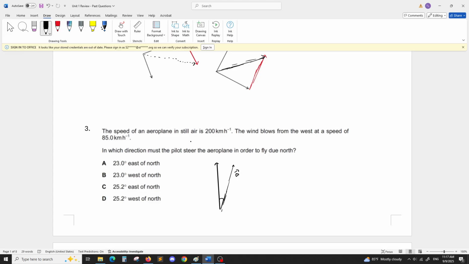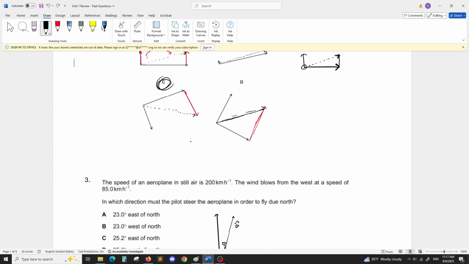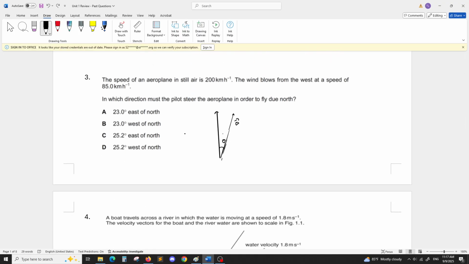This is flying at a certain direction. And then we just need to find this angle. But this is in general what this problem is talking about. So now we just need to take the information they actually give us and then apply it.